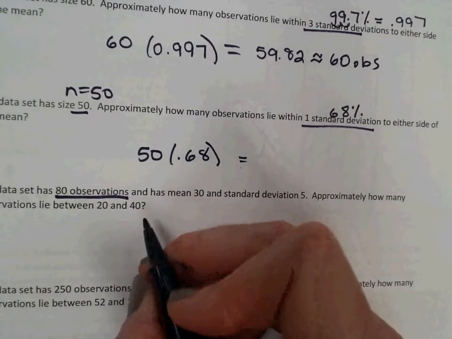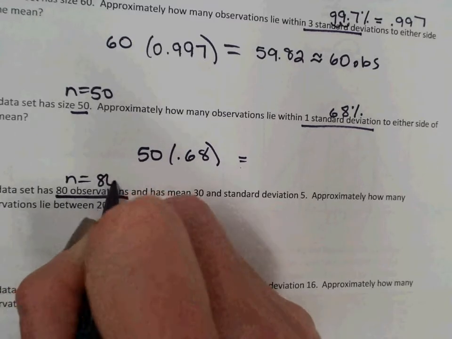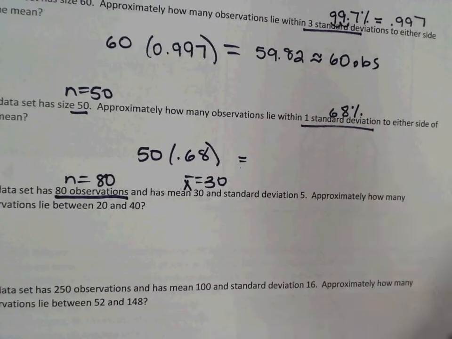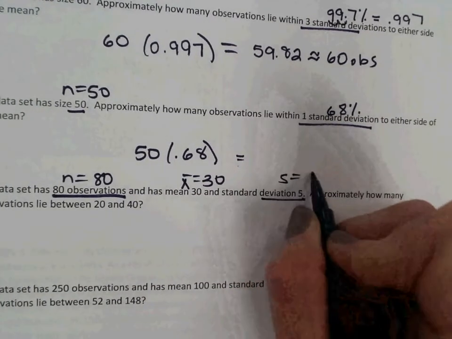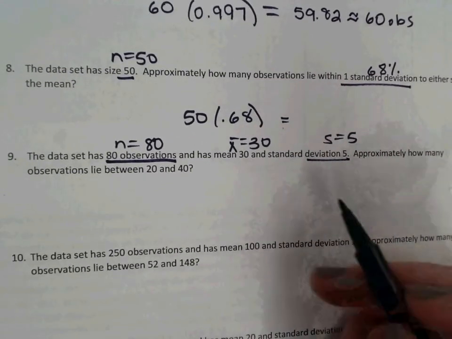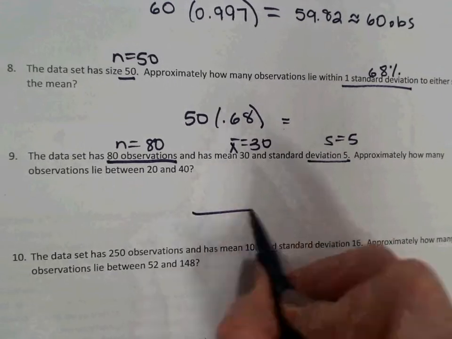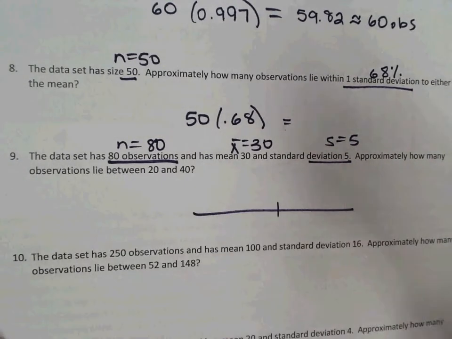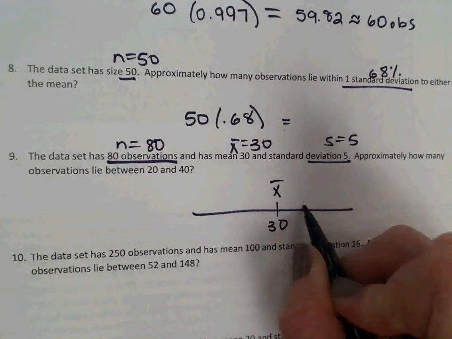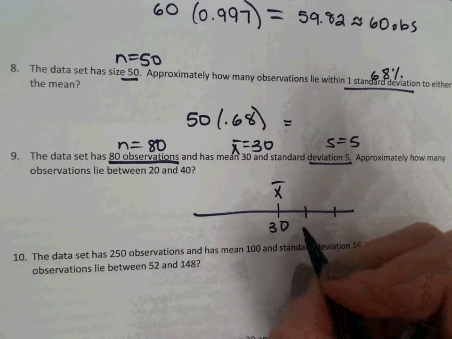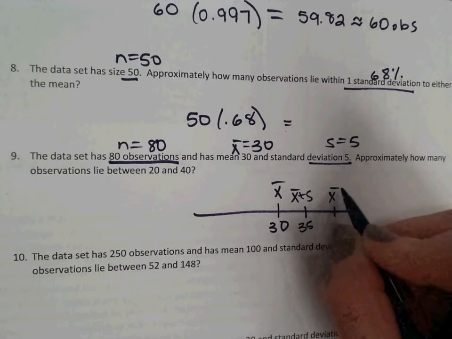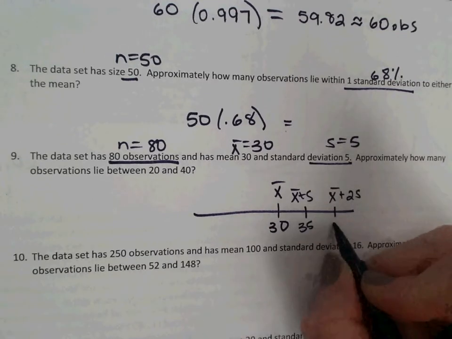The next one has 80 observations, and this is changing it up, we have a mean of 30. Standard deviation is 5. Approximately how many observations lie between 20 and 40? First we have to calculate how many standard deviations that is away from the mean. If we add 5 twice, that would be 35, and then x bar plus 2s is 40.